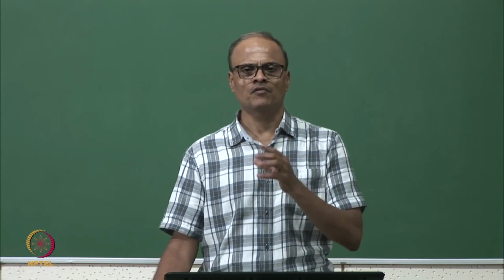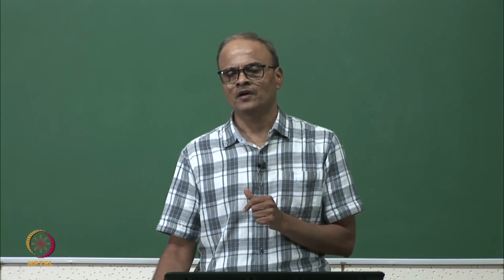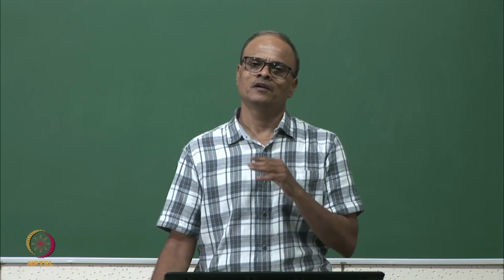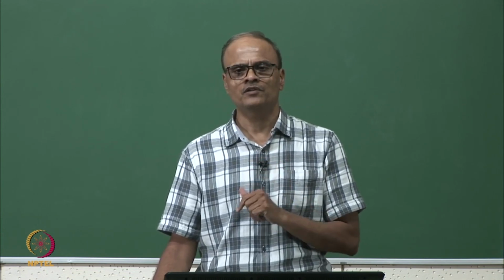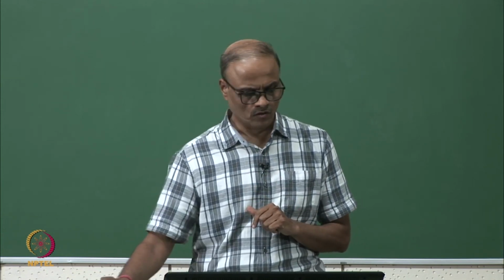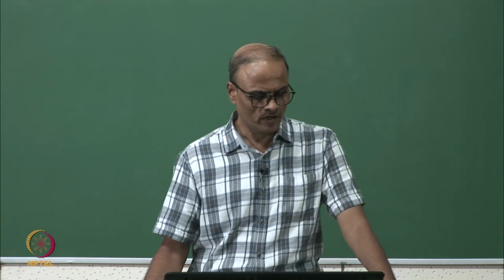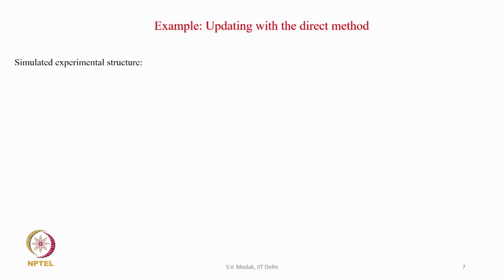So, we will generate simulated experimental data from a simulated experimental structure, and that data will be used for updating an initial FE model of the structure. Let us look at the simulated structure first, from which the experimental data is generated.